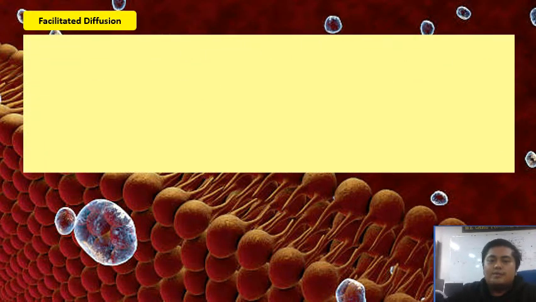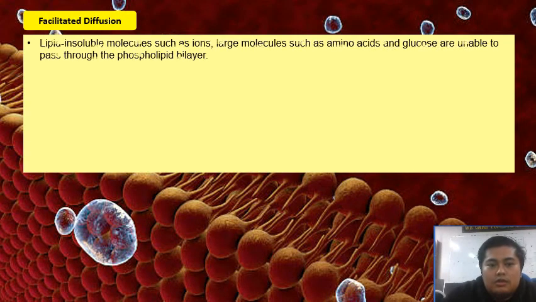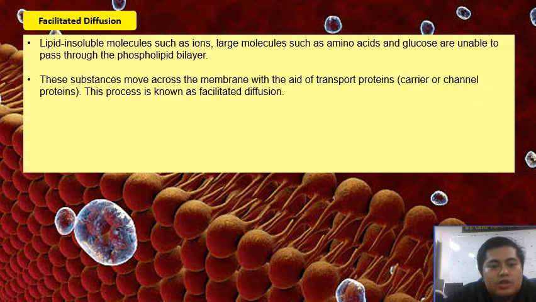Okey, yang ketiga pula kita ada facilitated diffusion. Okey, untuk facilitated diffusion, lipid insoluble molecules such as ions, and large molecules such as amino acids and glucose, are unable to pass through the phospholipid bilayer. So these substances move across the membrane with the aid of transport protein, sama ada carrier protein ataupun channel protein.